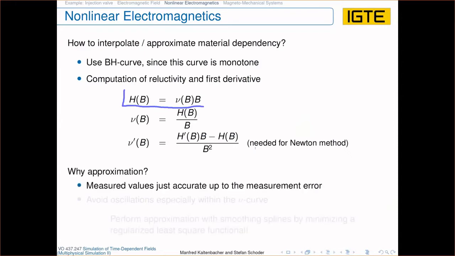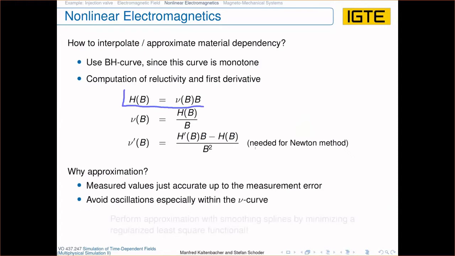Why do we do an approximation? First of all, it is clear when you do any measurements, you will also introduce measurement errors. It will not be the case that the measured values within the HB curve are totally exact.